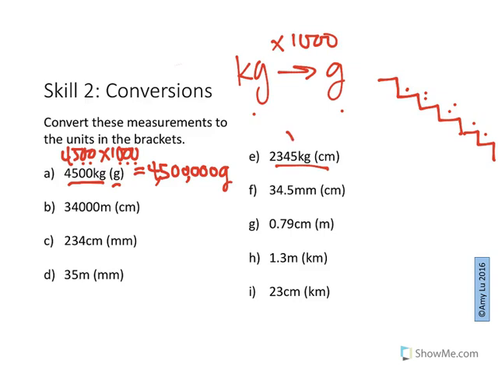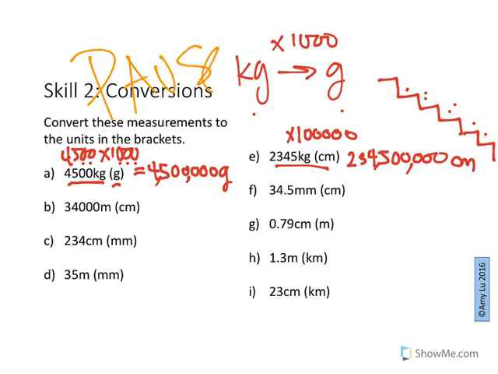So I have to multiply it by 1, 2, 3, 4, 5 zeros. So that means it will be 2, 3, 4, 5 with 5 zeros, which is 234,500,000 centimeters. At this time, pause and see what happens.